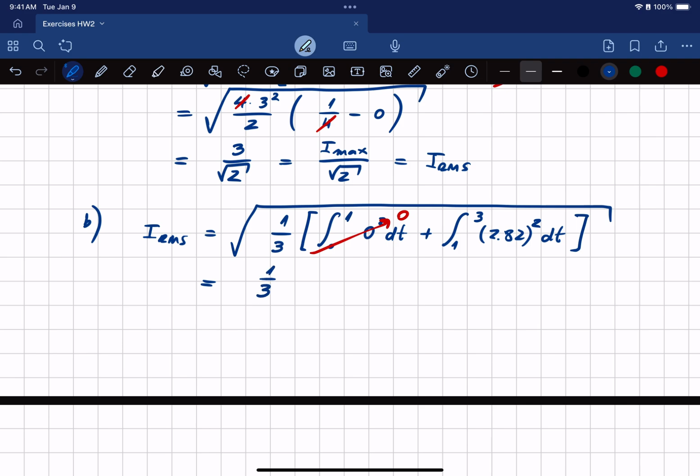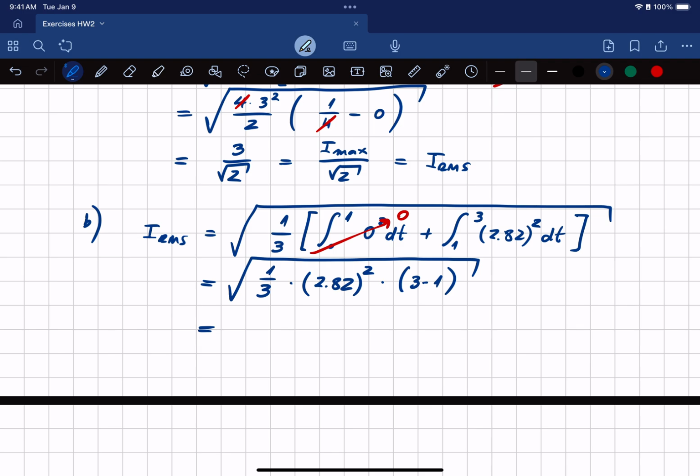And here we get 2.82 square times 3 minus 1, and everything under the square root. So that's the result essentially.